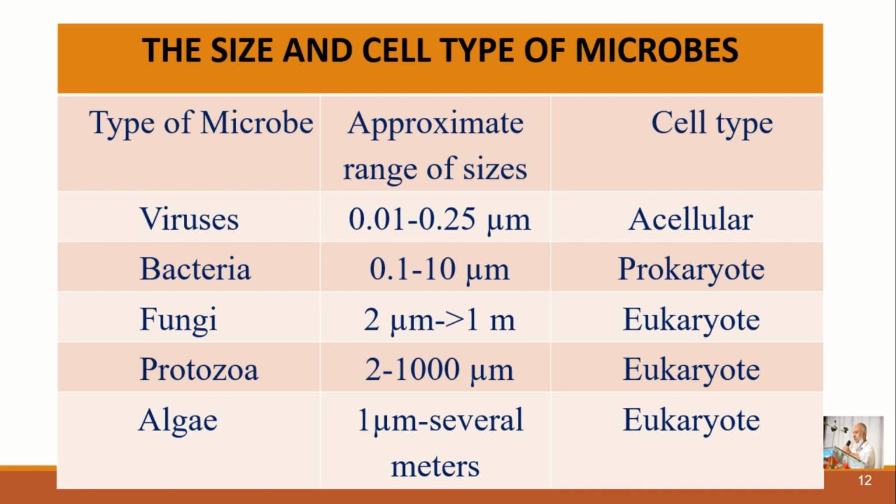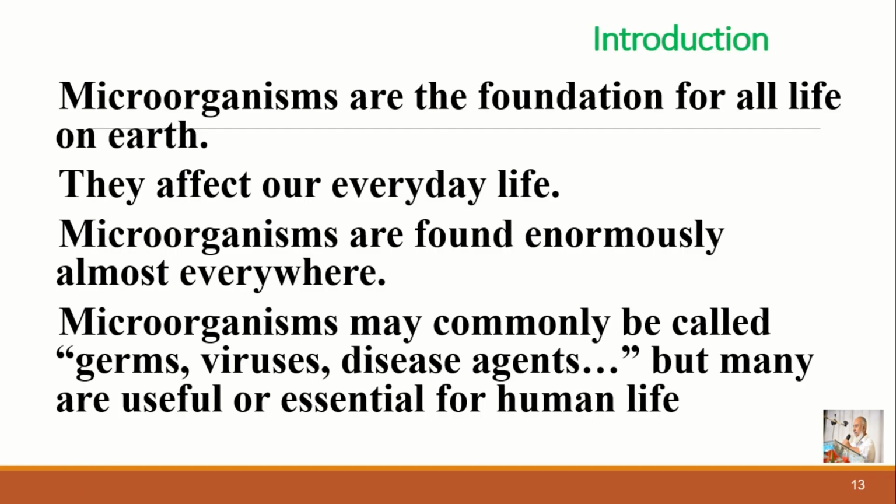So microfungi are included here. Protozoa are there. Microalgae are included here because they could range from a micron to several meters. So different lengths, and cell types are variable. Some could be acellular, prokaryotes, and eukaryotes.